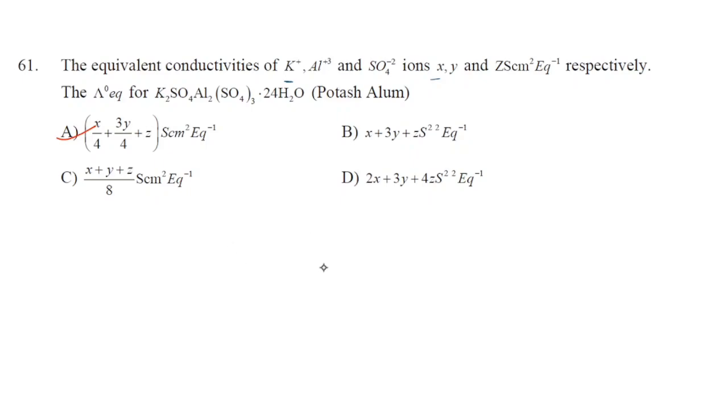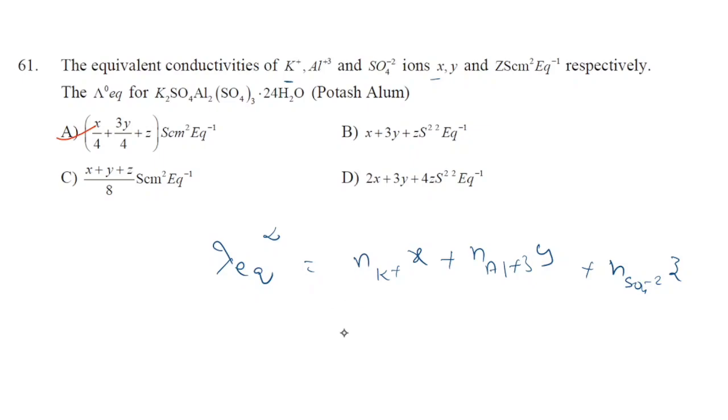So equivalent conductivity at infinite dilution is nothing but number of equivalents of K plus into equivalent conductivity of K plus, which is X, plus number of equivalents of Al plus 3 into Y, plus number of equivalents of SO4 minus 2 into Z, right?